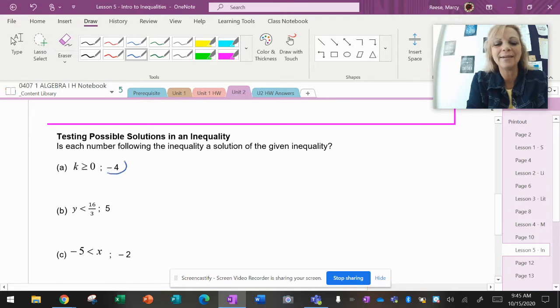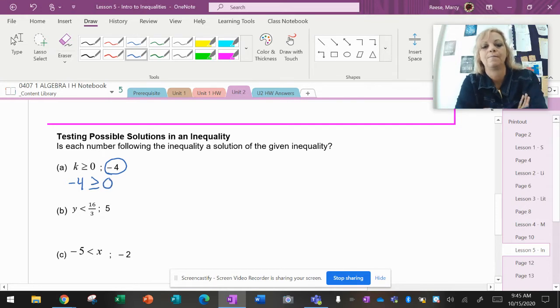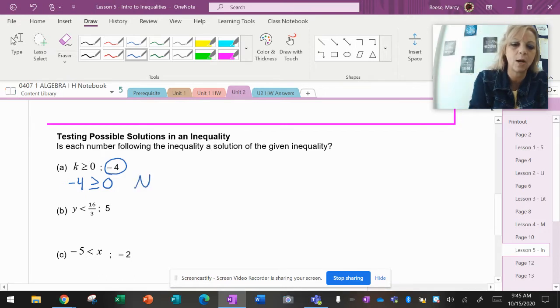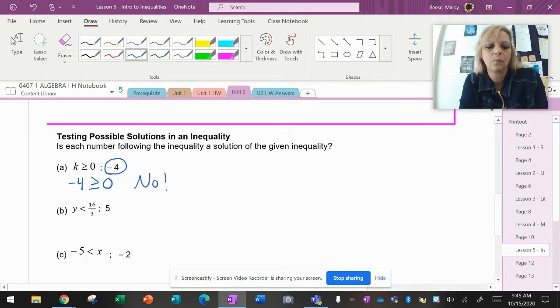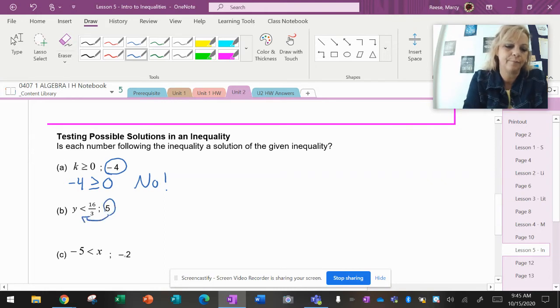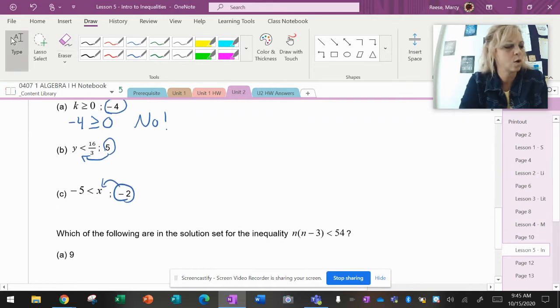Okay, so I want to see if -4 is greater than or equal to 0. What do you know about numbers? Is -4 a larger number than 0? We're going to say a big fat no. Okay, so you're going to try it with these. Plug 5 in for that. Plug -2 in for that. Go, go, go, go, go.